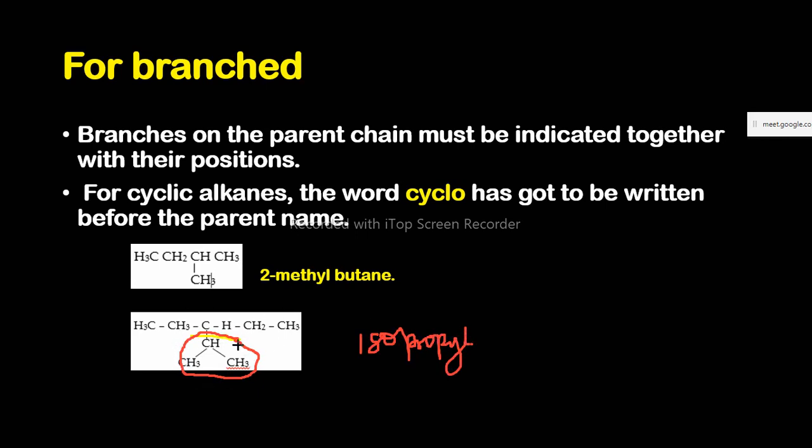This group is an isopropyl group. You can see this and this attached on the parent chain, so it is named as an isopropyl group. So can you go ahead and name?